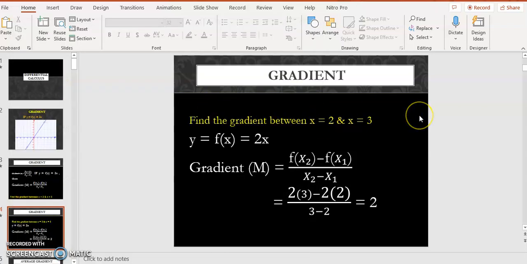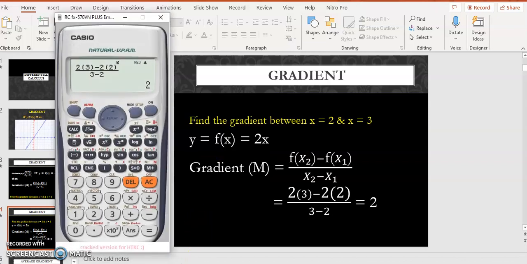This is my calculator. Okay, let's press that on the calculator. Remember, we are also learning how to use the calculator as well.